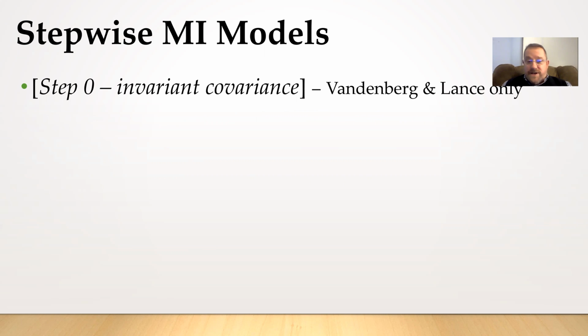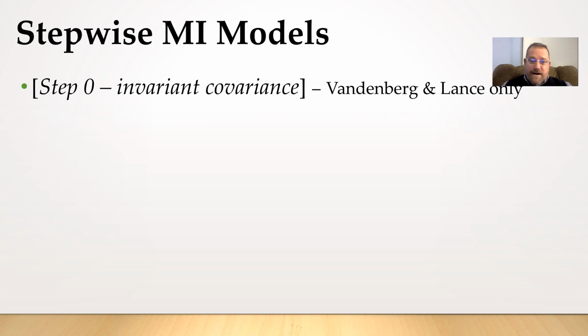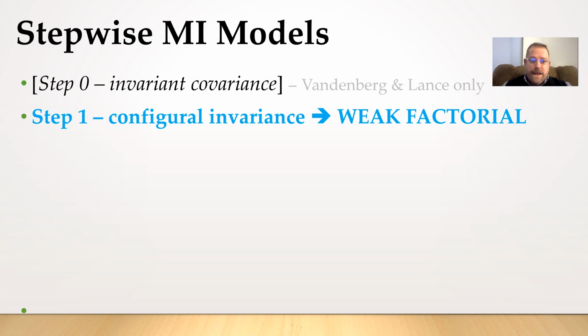At least in the journals I publish in, I've never seen anybody do this step 0 or try to say, because we did this step 0, we don't have to run those 4 models you're expecting us to run. But they actually cite 4 or 5 papers that all agree that that's sort of an omnibus test, and it's really, really good if you are able to show that those item-to-item covariance matrices are invariant.